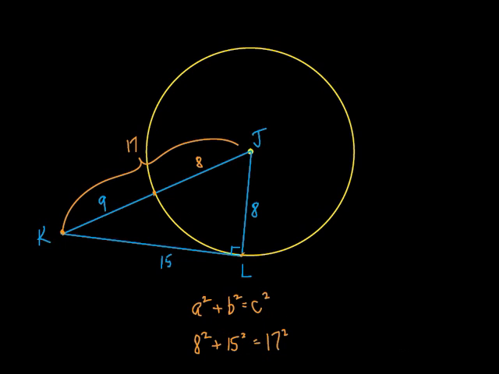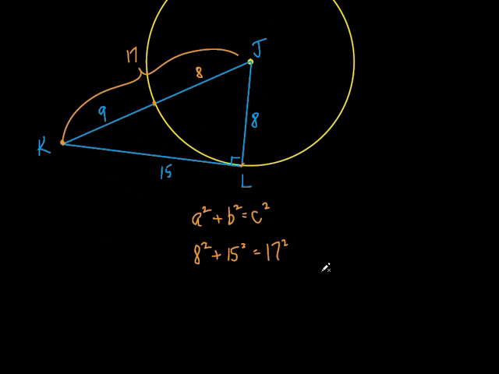So I want to see, does this work? Is 8 squared plus 15 squared equal to 17 squared? This is 64, this is 225, and 17 squared is 289.